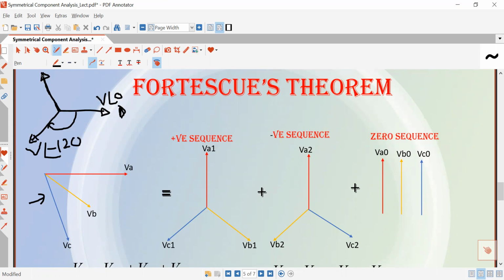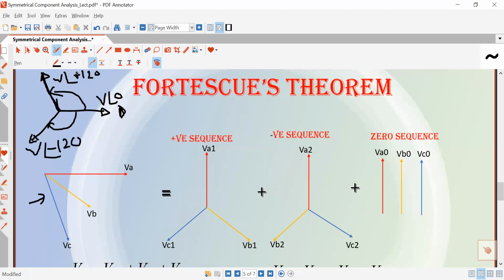And this phasor represents voltage V angle plus 120, because from the reference, this phasor is in the anti-clockwise direction at an angle of 120 degrees. So in the anti-clockwise direction, you have to take the plus sign.